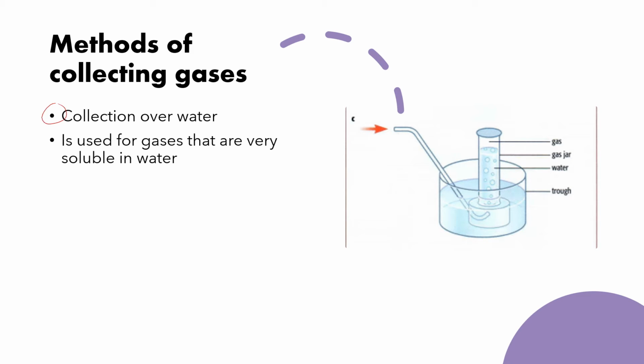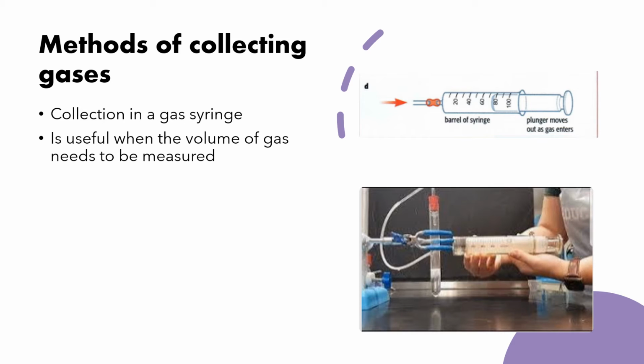Third, collection over water is used for gases that are not very soluble in water. The last, we use a gas syringe if we want to measure the volume of the gas.